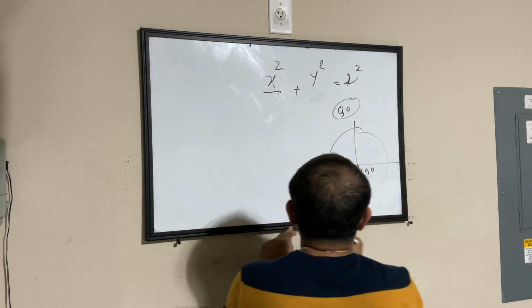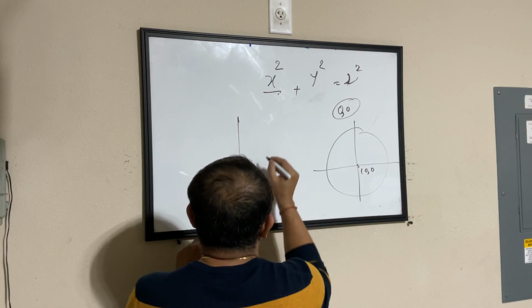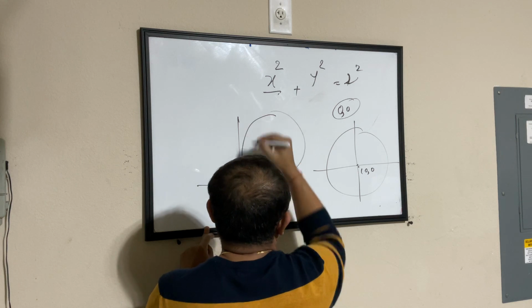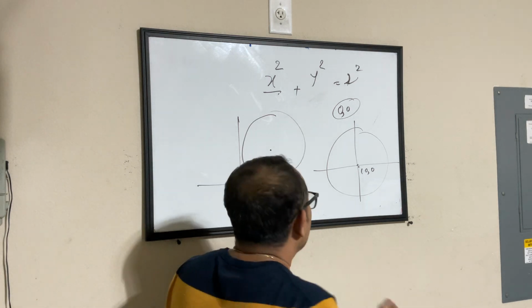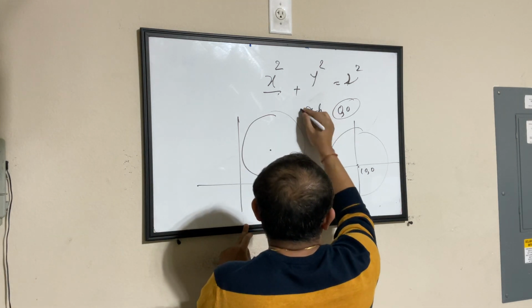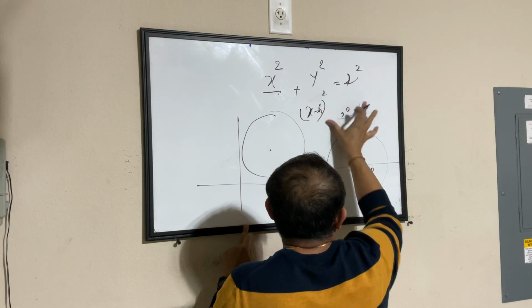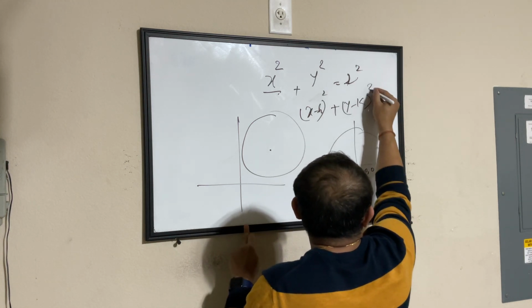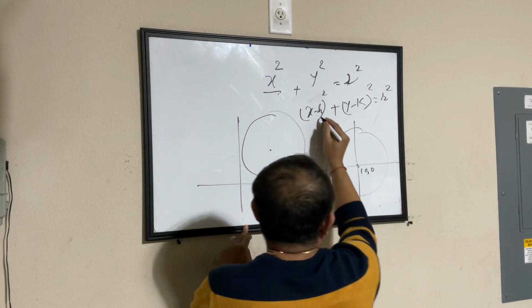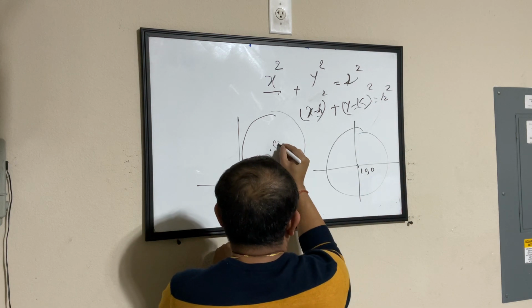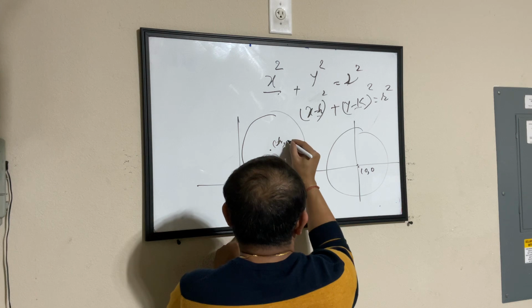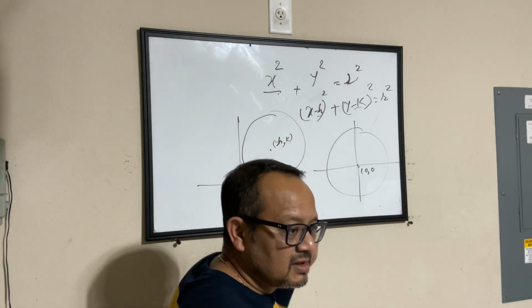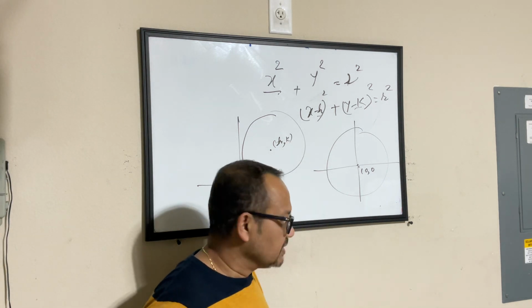If the center of the circle is not at the origin, you know that the circle equation changes to (x minus h) squared plus (y minus k) squared equal to r squared, where h and k are the x and y coordinates of the center. This one is okay, right, so far?